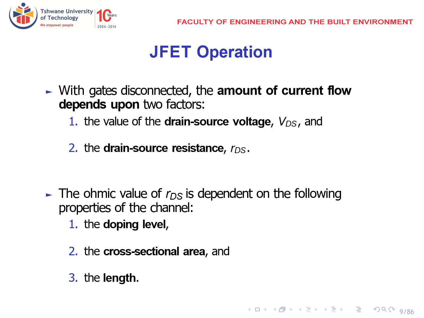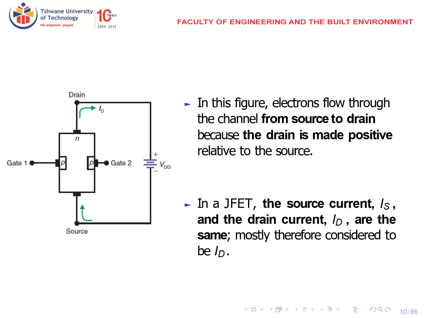The value of the drain source voltage, VDS, which we get from our supply voltage VDD, and the drain source resistance, RDS. The ohmic value of RDS depends on the following properties of the channel: the doping level, how much was this N channel doped, the cross-sectional area, and the length.